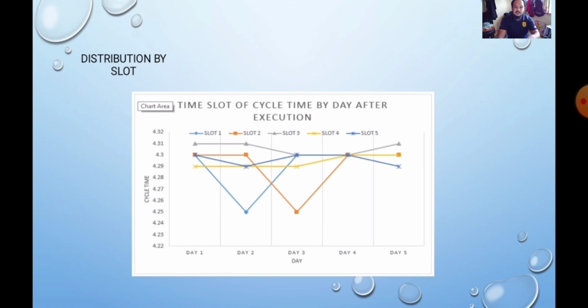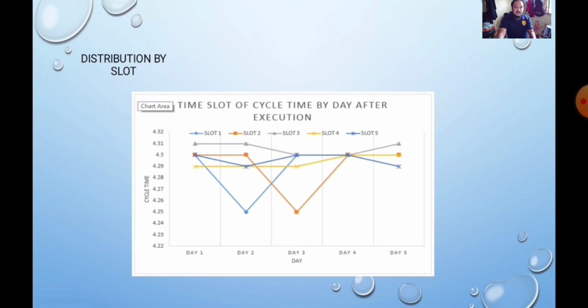Next, we go to the distribution by slot, where this analysis will focus on the consistency of the new implementation cycle time and human behavior. So there is a random choice of time slots before and after the project implementation.